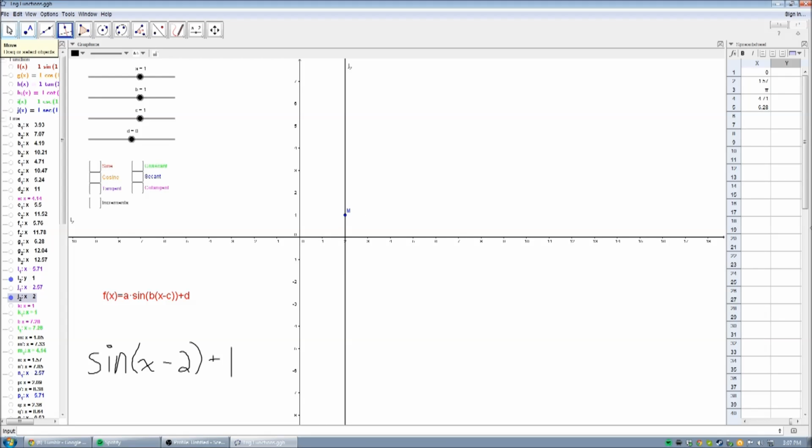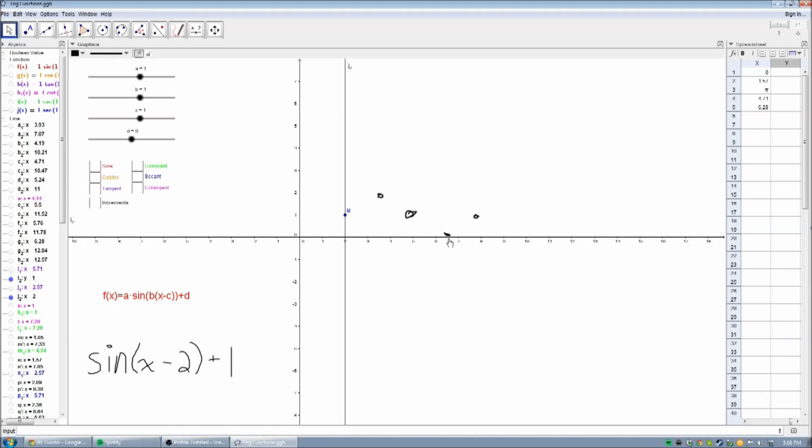Now from this new point, I'm going to guesstimate here. I'm going to say that sine goes 0, then 1, then 0 again, then negative 1, except that's going to be down there, and then 0 again.